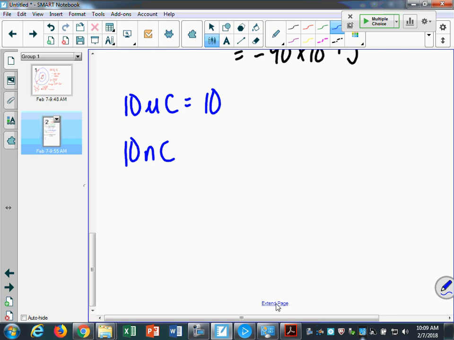Micro is 10 to the minus 6, so that's 10 to the minus 6 coulombs. Nano is 10 to the minus 9 coulombs. In fact, I tend to use nano more than micro because charges are really, really small, and nano is more representative of the charges that you'll see. I remember nano because it looks a lot like 9. It has 2 ends in it like 9 does. And it's really small, so it's negative 9.